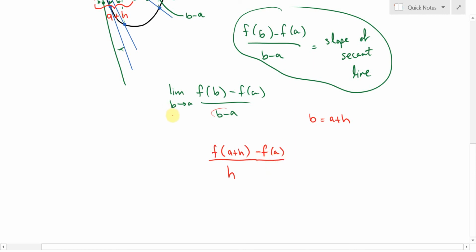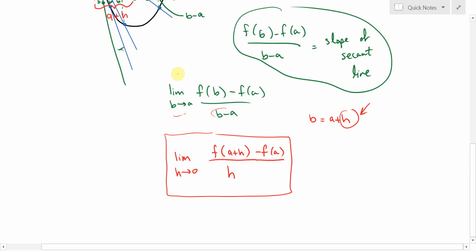And the limit as b goes to a, b getting really close to a, is really saying the same thing as this error h between b and a getting smaller and smaller. As h gets closer and closer to 0, b gets closer and closer to a. So instead of writing the limit as b goes to a, we could write the limit as h goes to 0. So you might also see this formula.